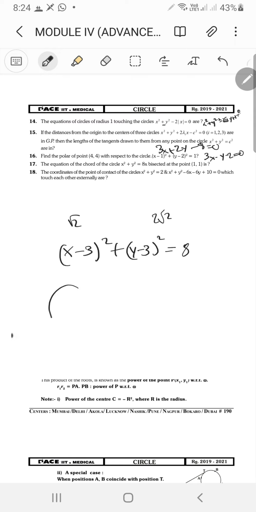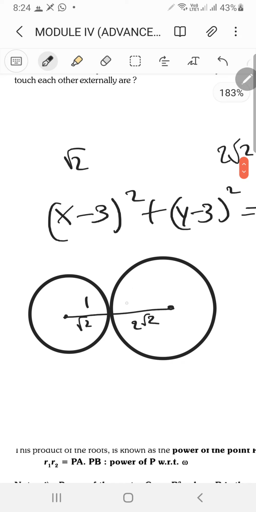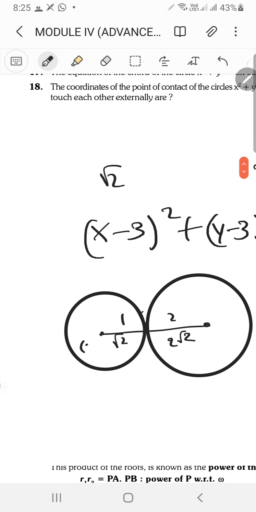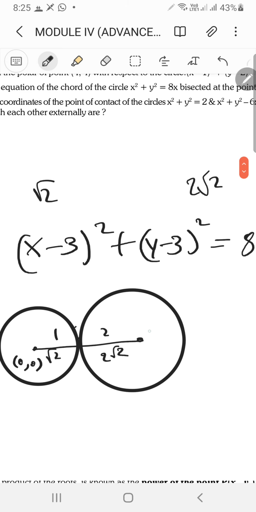So you got this circle and you got this bigger circle, and they are touching each other. So this thing is square root 2, this thing is 2 square root 2. So these are in ratio 1:2. This center is (0, 0), and this center is (3, 3). Cool.